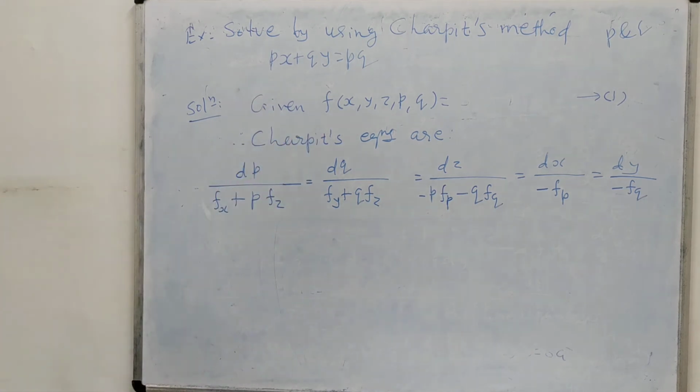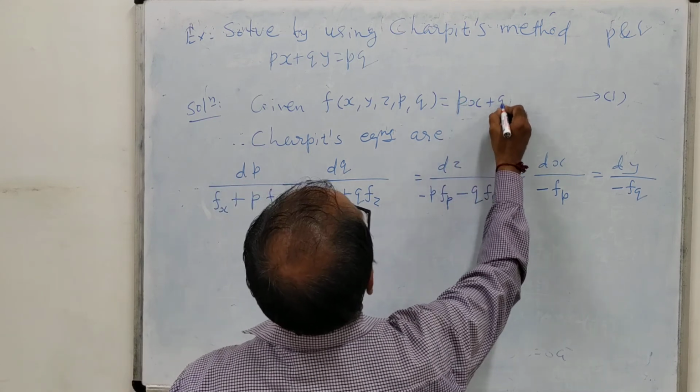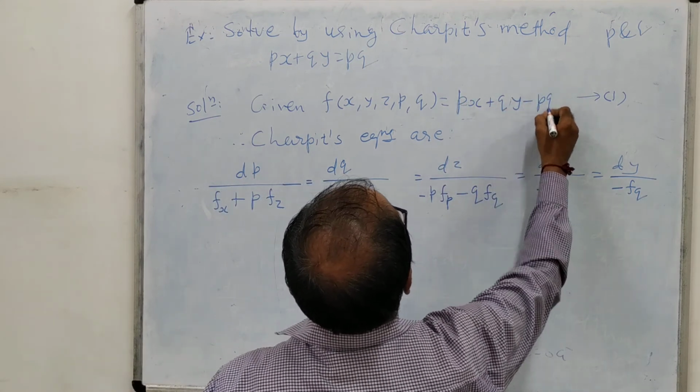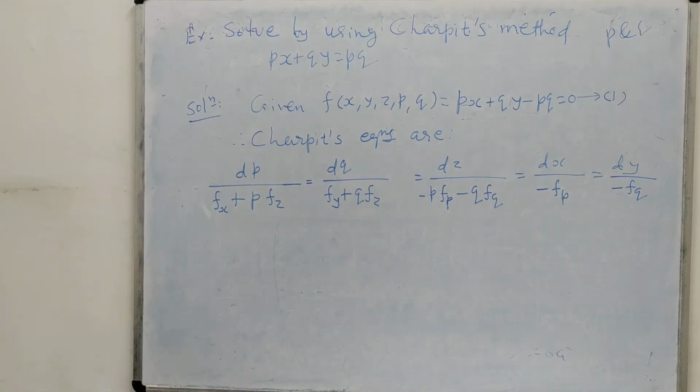That is, given f of x, y, z, p, q equal to px plus qy minus pq equal to 0. So this is the given equation.